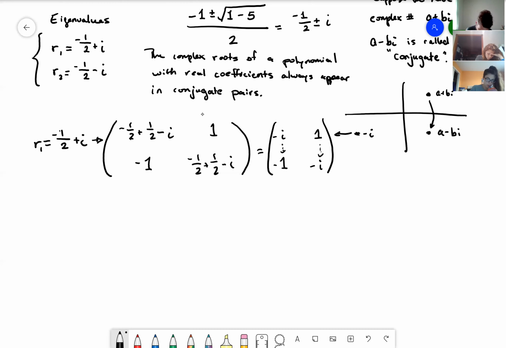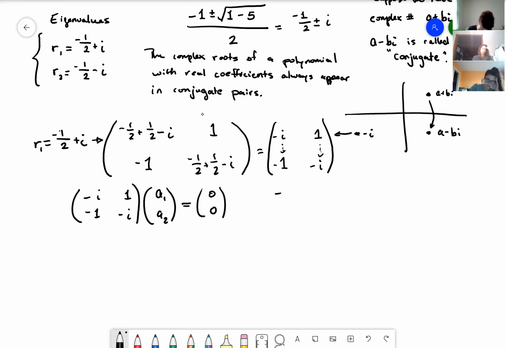So if I use a1, a2 for the components of the eigenvector, then I get -i times a1. Actually, I'll just write it out. So this is the matrix vector equation that we're trying to solve. This times some unknown vector that I'll just call a1, a2 is equal to 0, 0. And the system of equations that I get is -i a1 plus a2 is equal to 0, and -a1 minus i a2 is equal to 0.